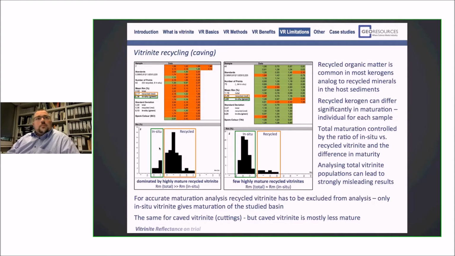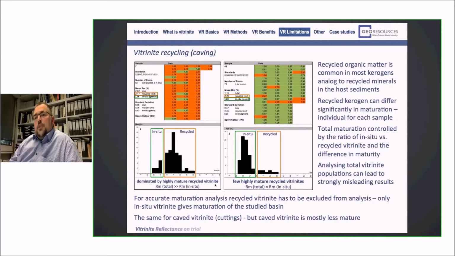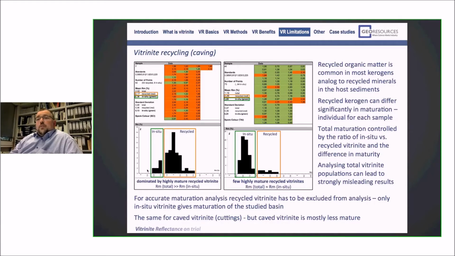And we see here, this sample is dominated by highly mature recycled vitrinite. So the mean reflectance of the total vitrinite assemblage, if we measure everything, is much higher than the mean reflectance of this in situ part of the vitrinite assemblage. You see here a big difference.